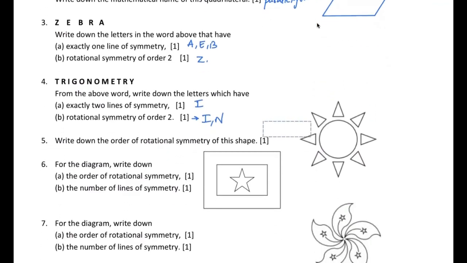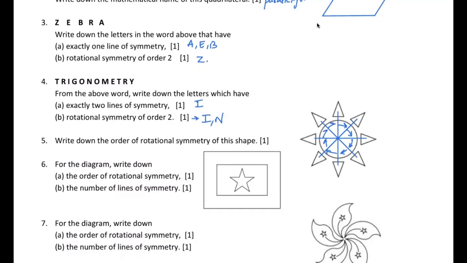Okay, write down the order of rotational symmetry of this shape. Can you guess the order of rotational symmetry? The triangles are identical over here. One turn, 2, 3, 4, 5, 6, 7, 8.